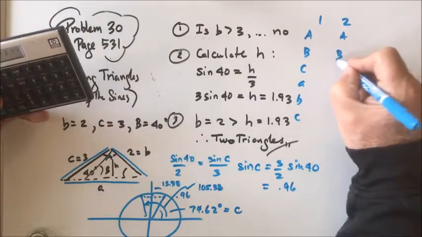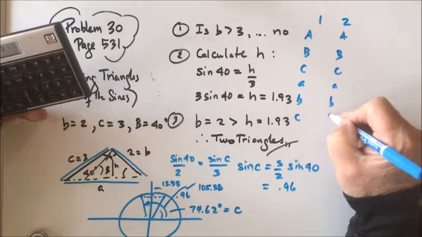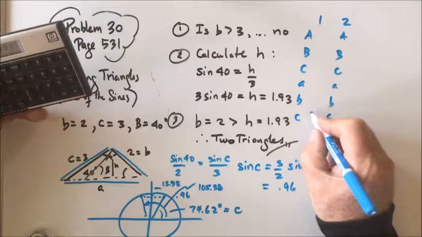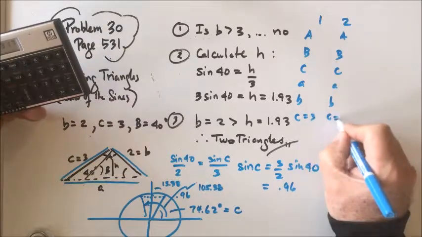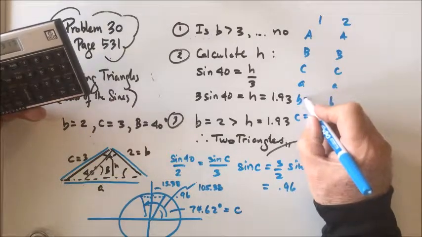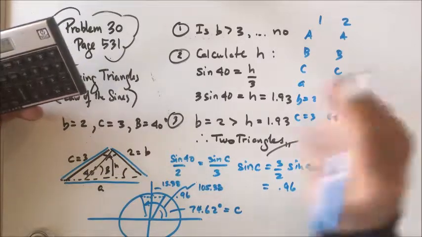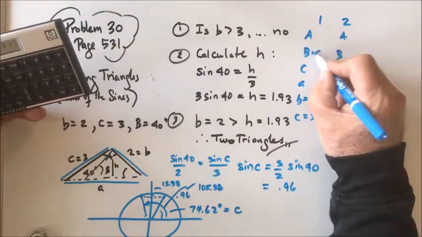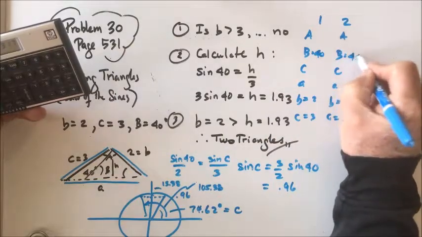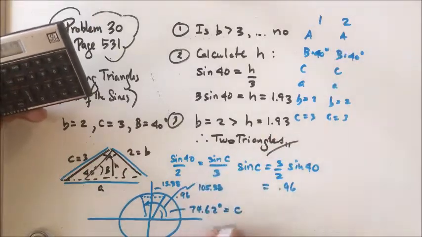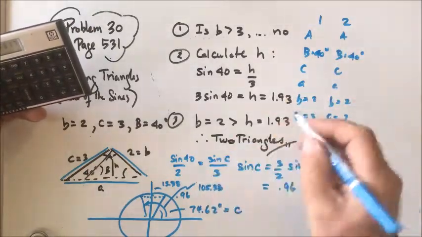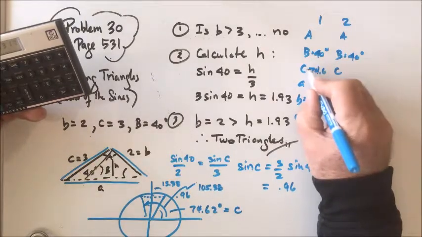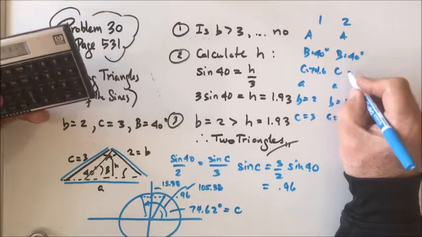It's got an A, B, C. They both have c equal to 3, they both have b equal to 2, and they both have angle B equal to 40 degrees. What we've just found is that angle C, in one case, is 74.6 degrees, and in the other case, it's 105.38 degrees.